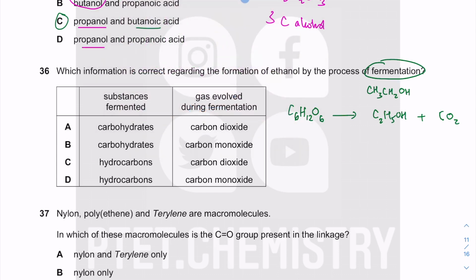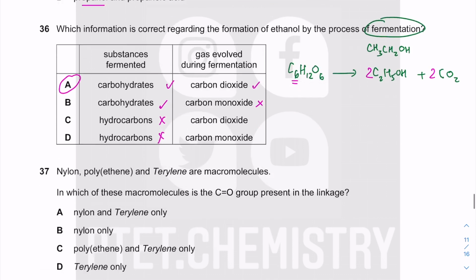So let's see, 6 carbon, so there's 2 of these and 2 of these, and that should take care of itself. 6 hydrogen altogether, 5 plus 1 is 6, 6 times 2 is 12. 2 oxygen, 4 oxygen, 2 times 2 is 4, plus 2 oxygen gives you 6 oxygen, 4 carbon plus 2 carbon gives you 6 carbon. So you're fermenting a carbohydrate and not a hydrocarbon, because a hydrocarbon contains only carbon and hydrogen. This one contains oxygen as well. You evolve carbon dioxide, not carbon monoxide. So the answer must be A there.